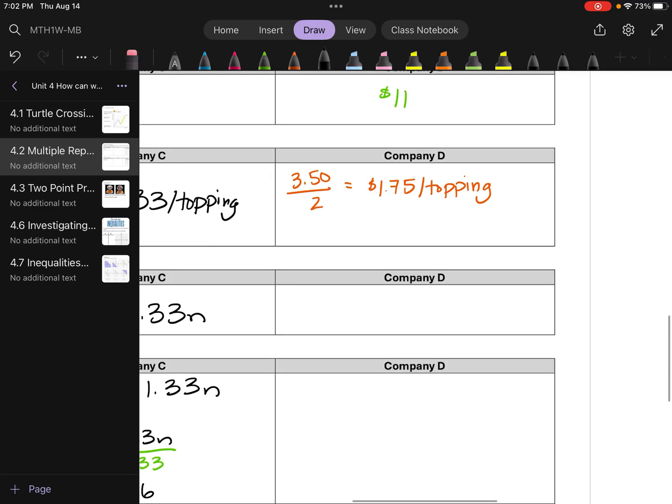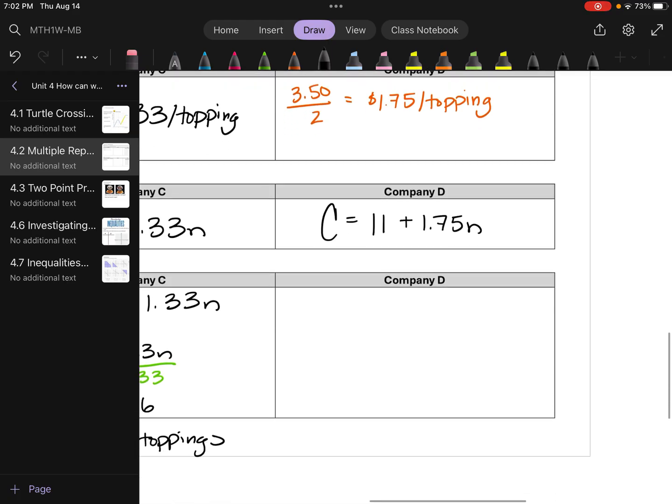If I was to write my equation, C is equal to my $11 flat rate plus $1.75 per topping, because that's my rate of change. And if I want to figure out how many toppings I could buy with $21, I'm going to go through that same process. I'm going to take away 11 on both sides of the equation.